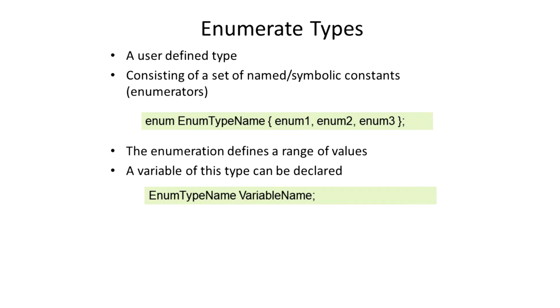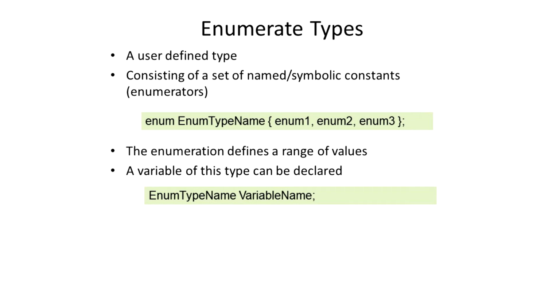Technically, they're known as enumerators of the enumeration, but I like to refer to them as categories, just to distinguish between the enumerate type name, because the actual categories themselves can have values. They actually have an integer value in C++, which start at 0 and then increase for each category. In other languages as well, you can define other types of values, such as string values or character values, Boolean values, etc. So I like to use the word categories for the individual enumerate values.